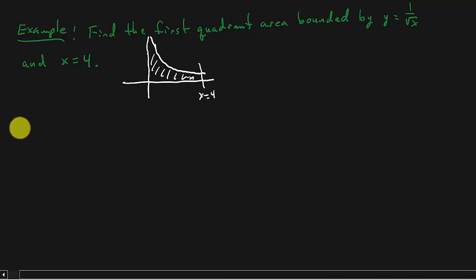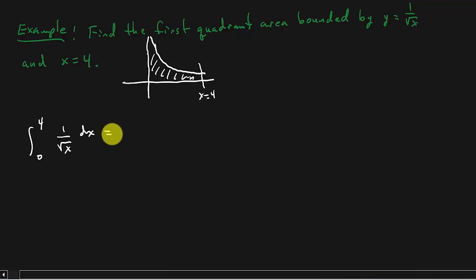So for the area, we know that is the integral from 0 to 4 of 1 over square root of x dx. Now, notice this function here is undefined at 0.